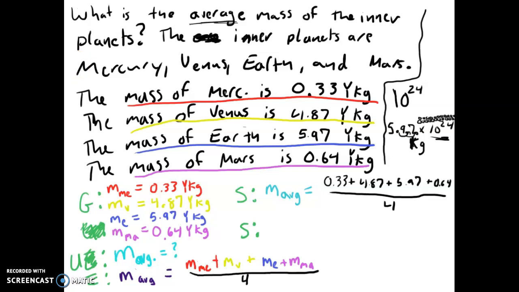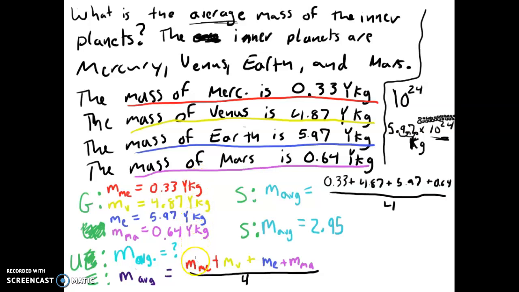So the average mass of the inner planets is 2.95. Am I done here? No, not at all. 2.95 what? Very, very important. In the givens, I actually wrote out that they were all yotta kilograms. And the average is not going to change that fact.